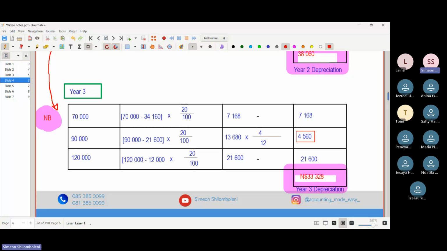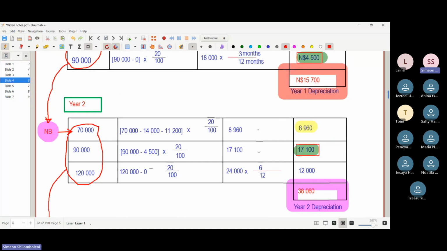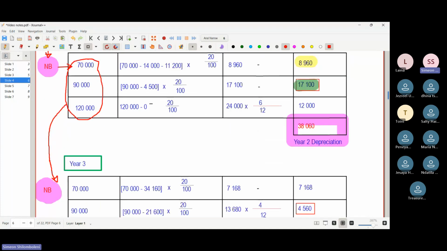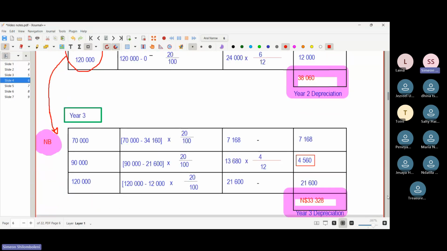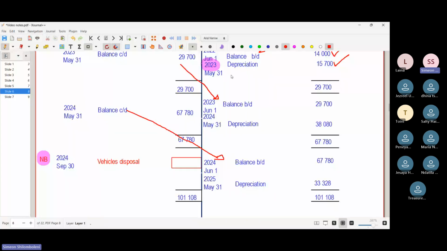So the asset that was sold, the first year it had a depreciation of 4,500, it must be taken out. Second year, 17,000 must also be taken out. Third year, 4,460, it must also be taken out. Here, you don't have to write it in the exam, but for now I have to indicate it to you.